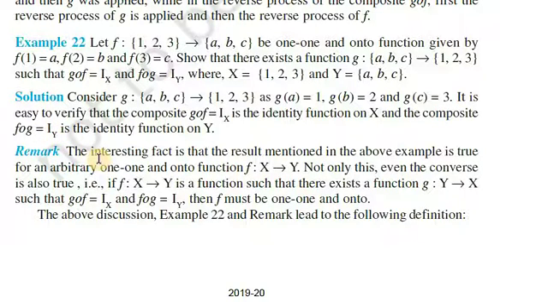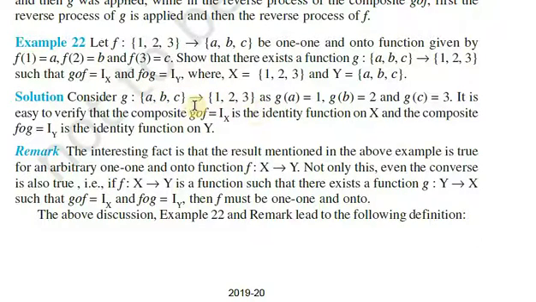The interesting fact is that the result mentioned in the above example is true for an arbitrary 1-1 onto function from X to Y. So this doesn't mean that this set X must always be a, b, c, or 1, 2, 3. It's not required.